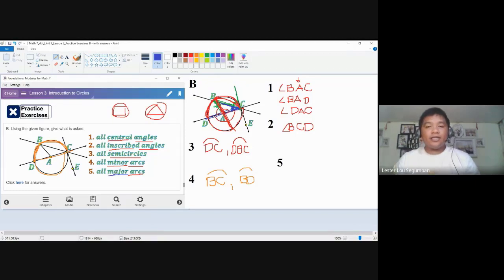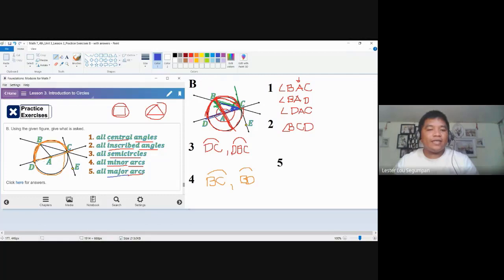The major arc is more than a semicircle, but not enough to become a circle itself. Do not say BCD and it will become the circle itself. That's a no-no. So a major arc is an arc which is more than a semicircle, but less than the circle itself. If it's more than a semicircle, it includes a semicircle.